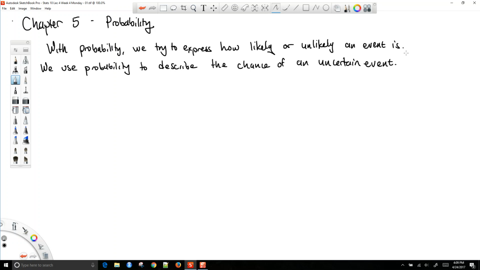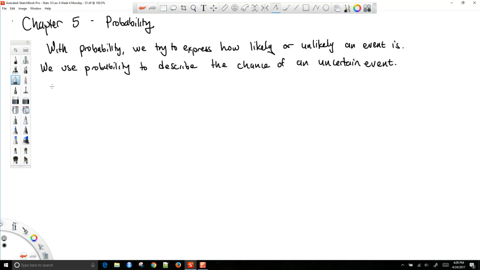So we don't use it for describing things that are known, that are factual. We don't say, what is the probability that yesterday was April 23rd? There's no probability there. It's just a fact. So we only talk about things that have uncertainty.